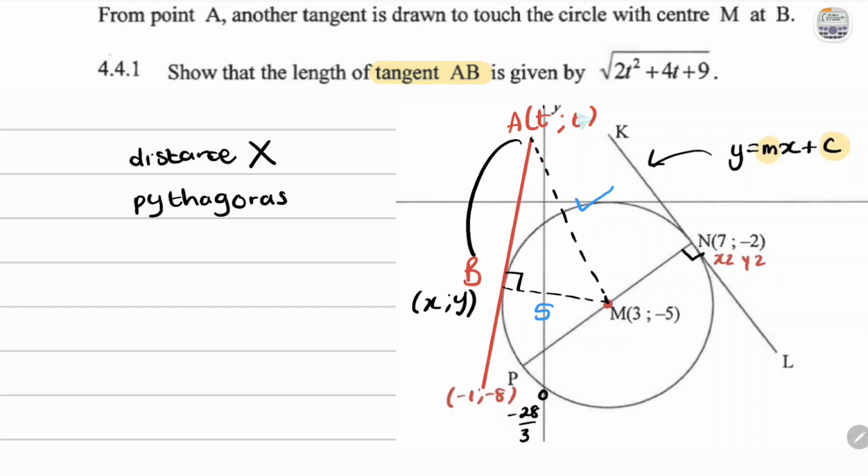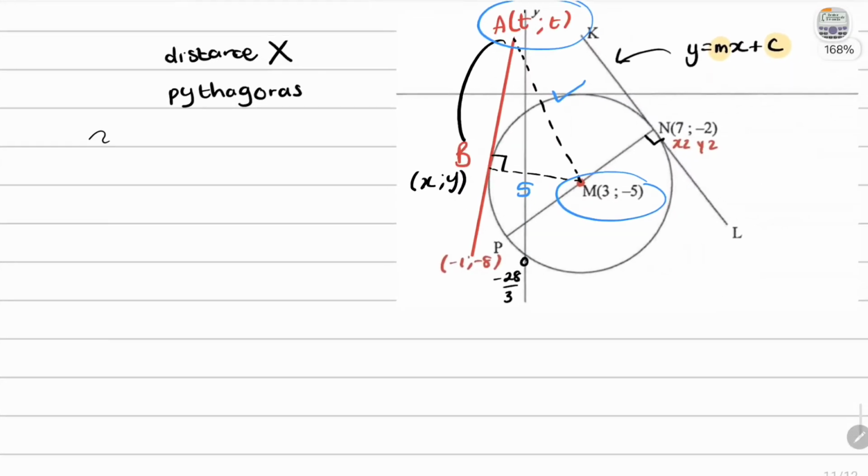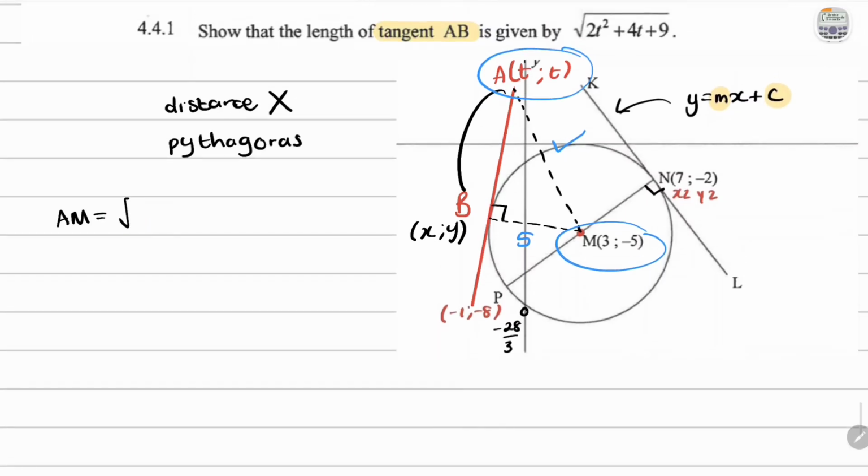AM is pretty simple to find, because it's going from A to M, and this is in terms of t, and this is with numbers. So we can use the distance formula to find AM. Let's go ahead and do that first. Let's find the length of AM. The distance formula is the square root of x2 minus x1 squared plus y2 minus y1 all squared.